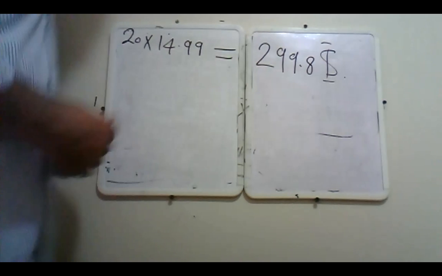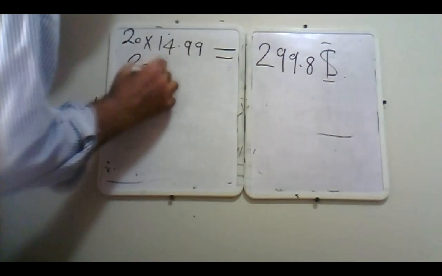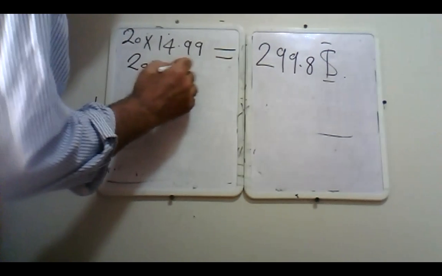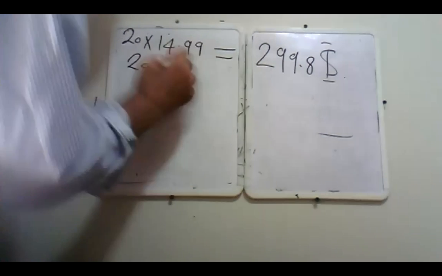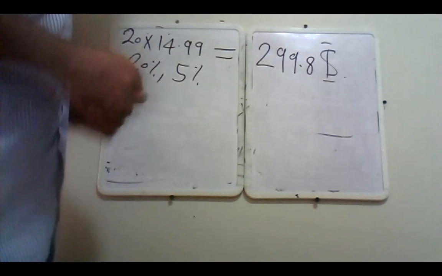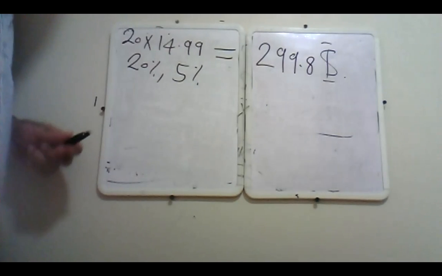But now I have two discounts. I have in the second row a 20% discount, and I also have a 5% discount. So the discount here is several discounts, like the other example which we had before.